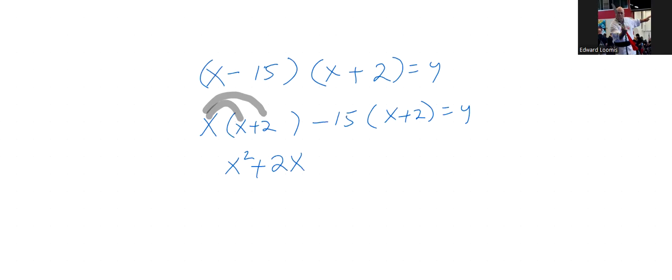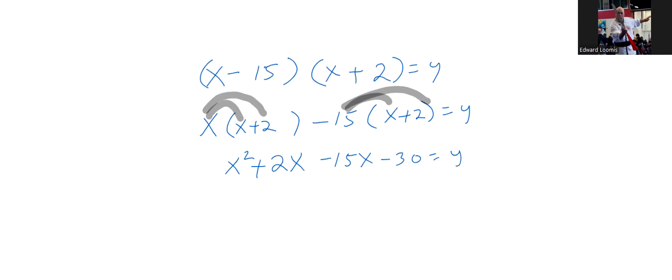Distribute the next piece. 15 times x is 15x. Negative times positive is negative. And 15 times 2 is 30. Negative times positive is negative. And that whole thing is equal to y.